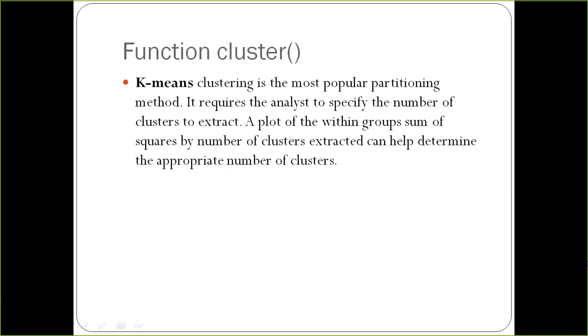The function kmeans, what does that mean? It's a clustering algorithm meant for partitioning data. It requires the analyst to specify a number of clusters, and like I was saying, it's an iterative process. So you're basically putting a number in, and you're looking at what's coming back, and you're going to refine that number as you do your analysis.